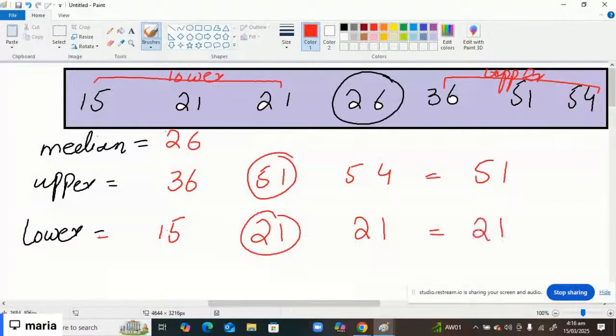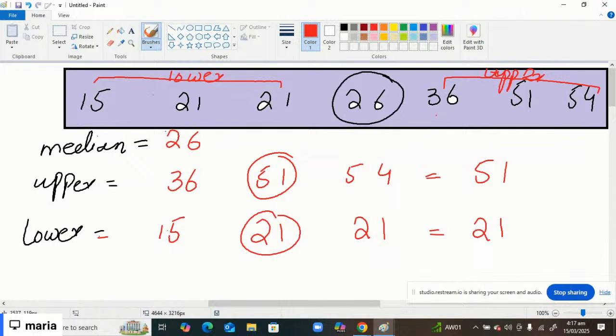You are just going to do a simple thing here. First of all, finding the median. The median is simply the middle number. Now to find the upper quartile: the upper quartile is basically all the digits on the right side. Write them out and then find the middle one. For the lower quartile, we take all the digits from the median to the left side, write them out and then find the middle of those numbers.